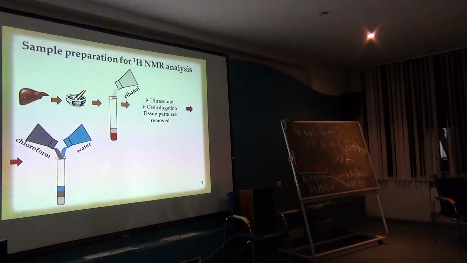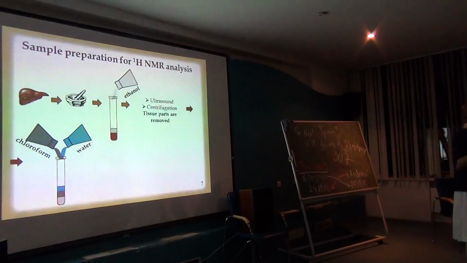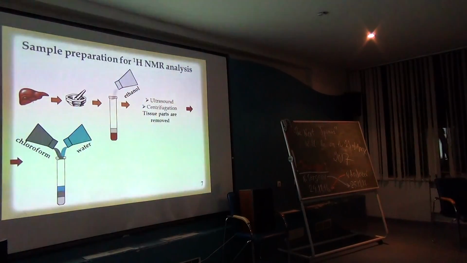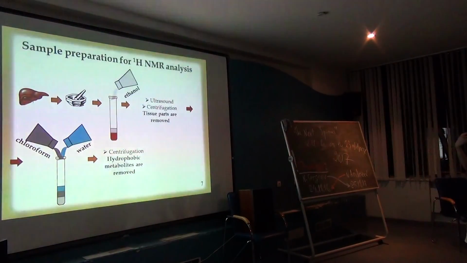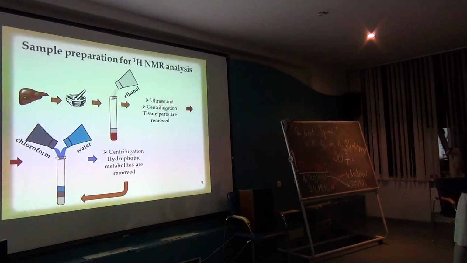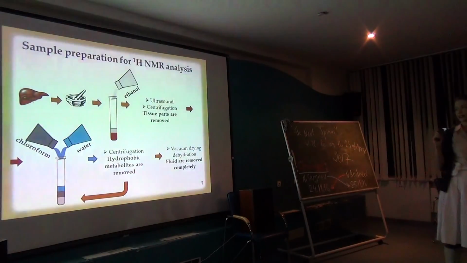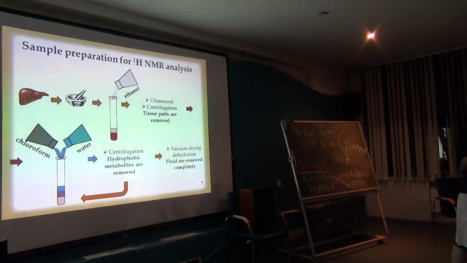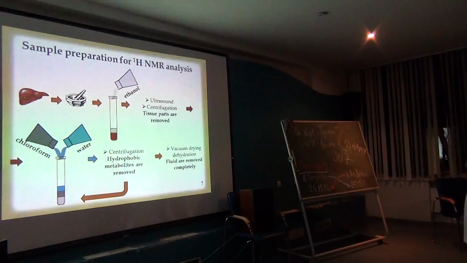Then, in order to separate hydrophobic and hydrophilic metabolites, we added chloroform and water in proportion 1:1, and then it's again centrifuged and hydrophobic metabolites are removed. This stage is repeated one more time. And finally, the sample was dehydrated by vacuum drying, and fluid is completely removed.